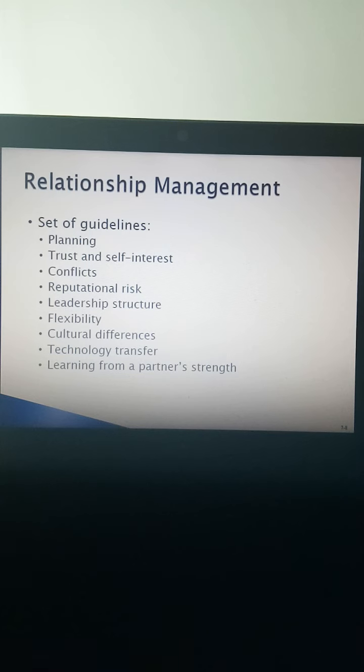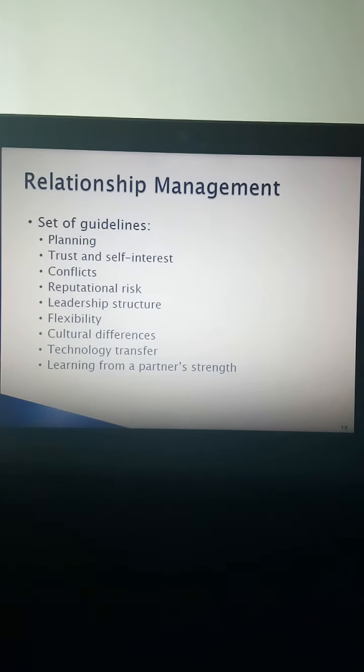Okay, guideline number 5 is leadership structure. Strategic leadership can be achieved by 2 structures. First is developing an independent structure. And second is assigning the responsibilities to one of the partners. Okay, whether you develop an independent structure or you assign your partner to be responsible for the structure of the relationship.